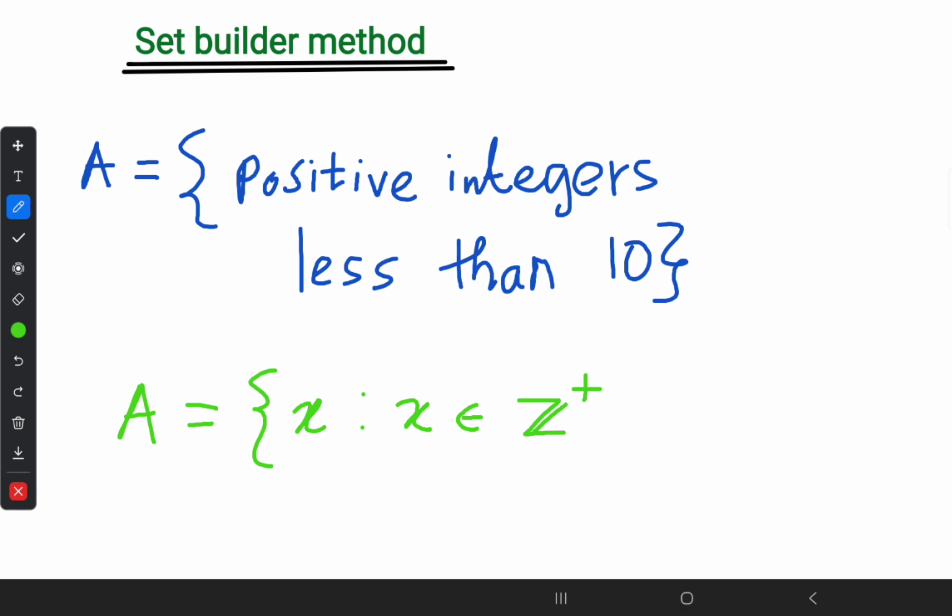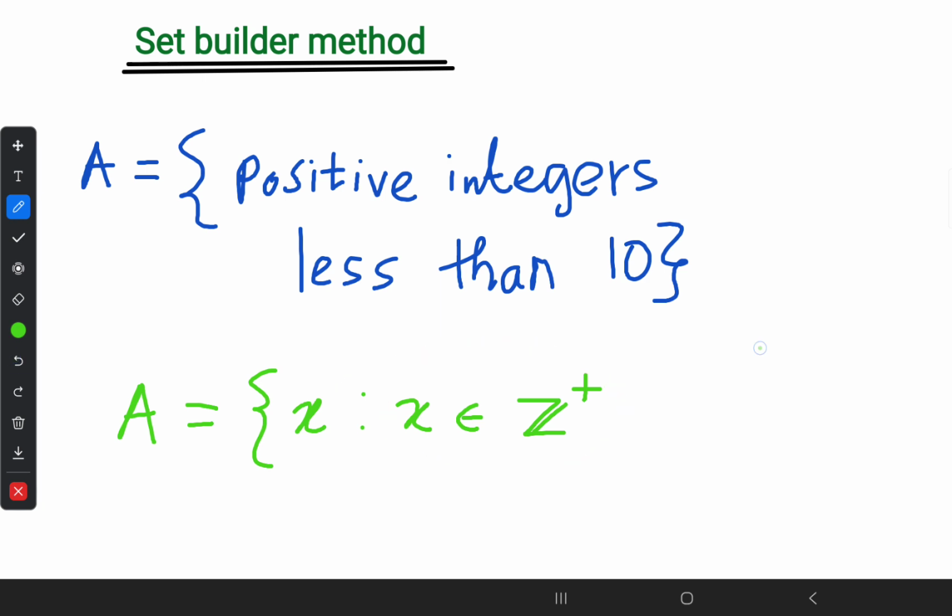So x is showing a particular range. So the characteristics of x: x colon x, then the symbol like a c with a straight line inside. This is called element, element in set. We are familiar with that already. X is an element. That means the solutions for the set A are elements of positive integers.